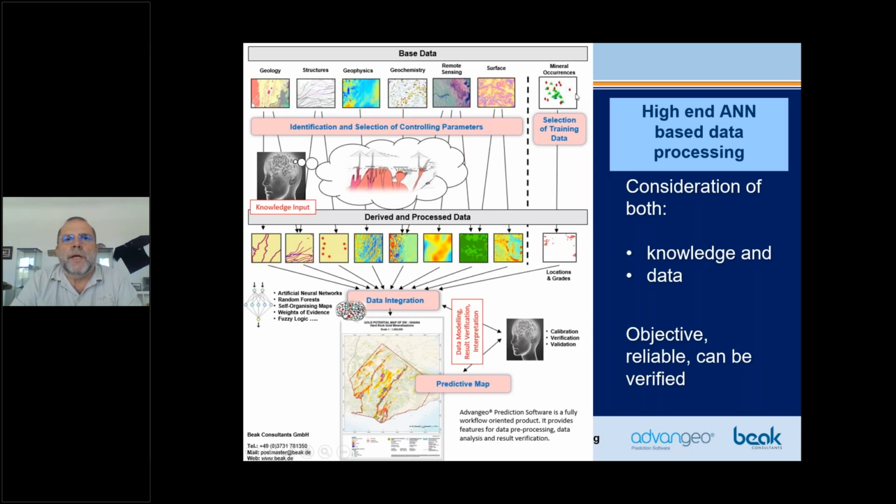We have training data, meaning known mineral occurrences, and we have our data, geochemical data, geophysical data, etc. We have a certain understanding of what we are looking for, and using this understanding, the exploration model, we're extracting from the primary data the model input data. We'll discuss it a bit later, after tomorrow, and then we create this target map.